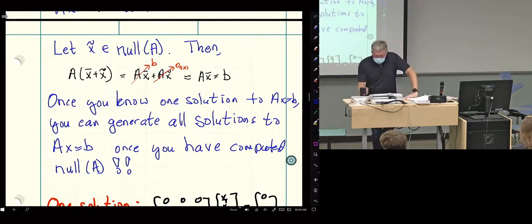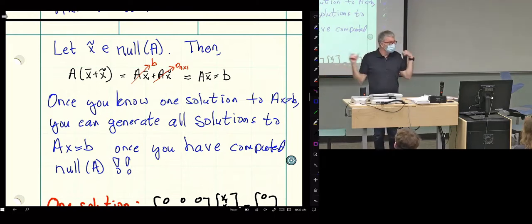So going back, if all of these things are solutions, one way to choose among them is to choose the solution with the smallest possible length. It's a similar problem to when AX minus B has no solution, which we got lots of problems like that when we did regression, fitting functions to data. We would find the solution that minimized the error in AX minus B. And so here, this is what people call a dual problem.